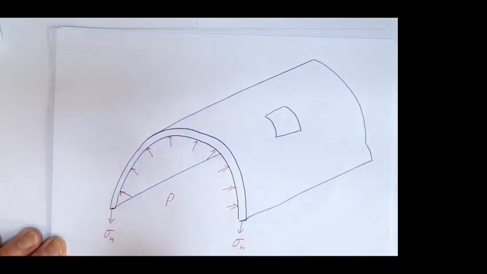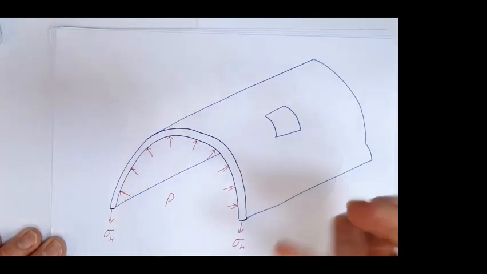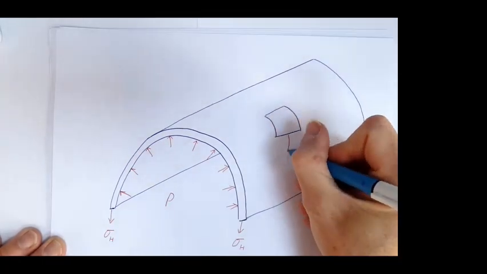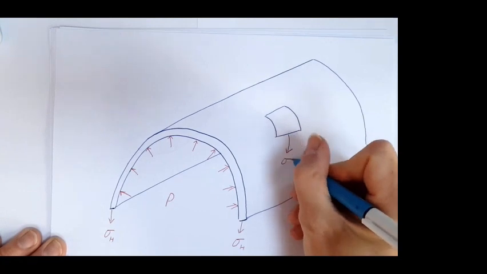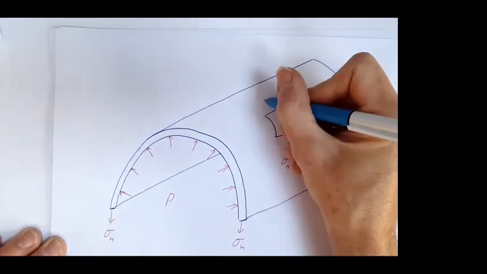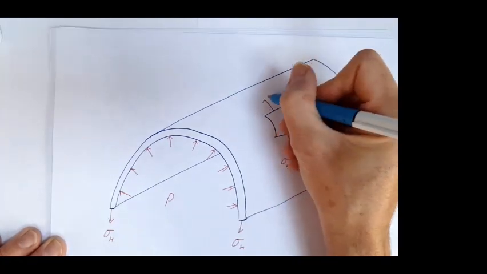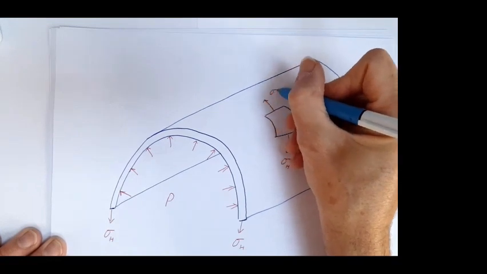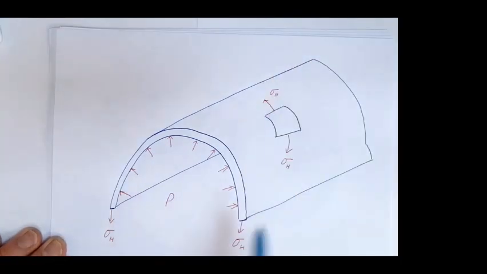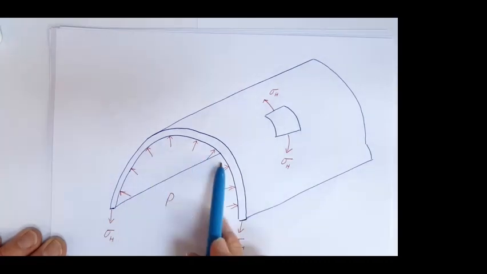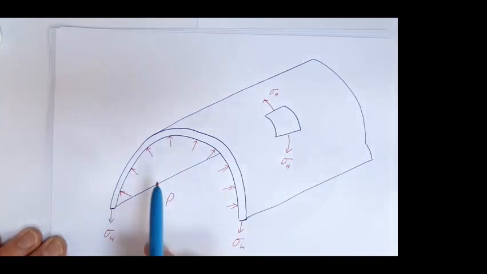Okay, we have our hoop stresses, which are running around the outside of the cylinder. Hoop stresses. Those are caused ultimately by the pressure inside trying to expand this cylinder.